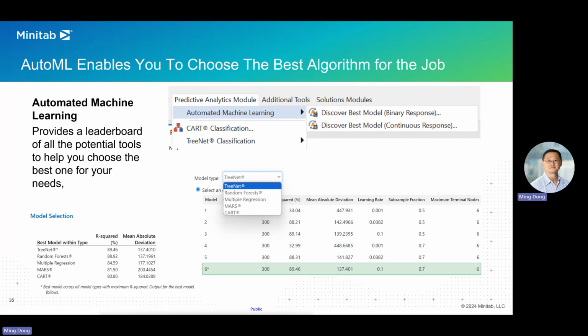When you run this, it normally generates 11 models. For example, for TreeNet, we may give you 6 different models, and you can choose which one you want, but we also pick which is the best. If you look at the TreeNet model, we have a star which says this is the best, based on R squared, this is the highest. But you can choose other algorithms as well. Make your life simple.